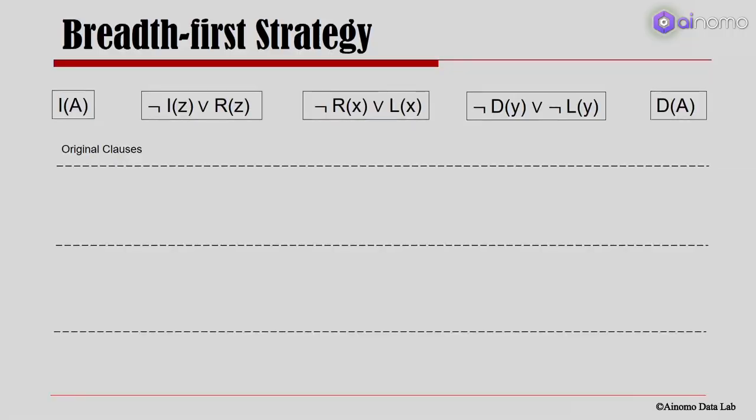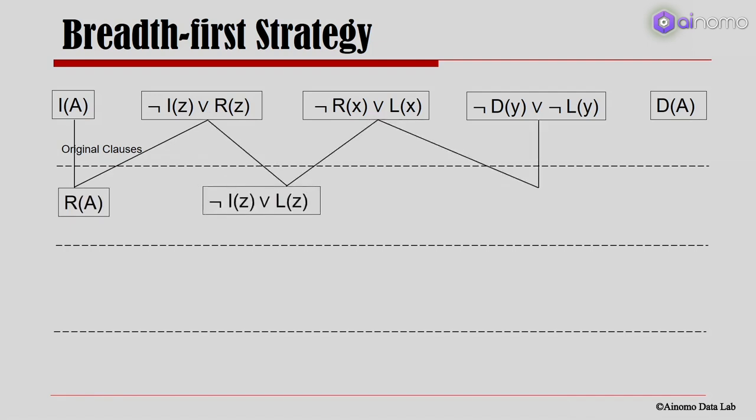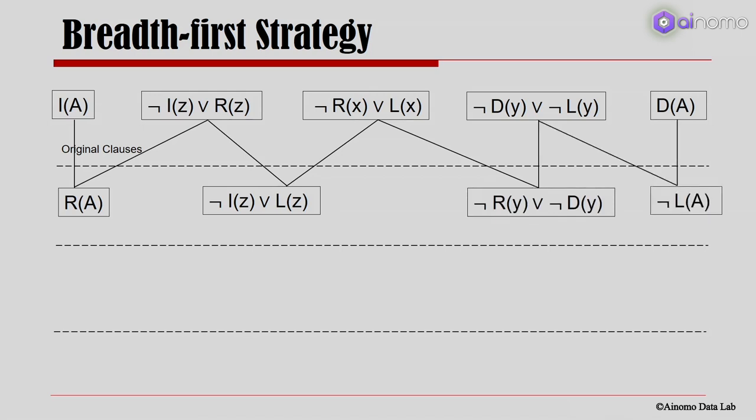So, we first have the original clauses, we resolve them to generate our first level resolvents. So, here are our 4 first level resolvents. I(A) resolves with not of I(Z) or R(Z), so I have an R(A).